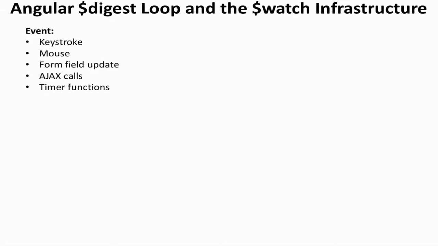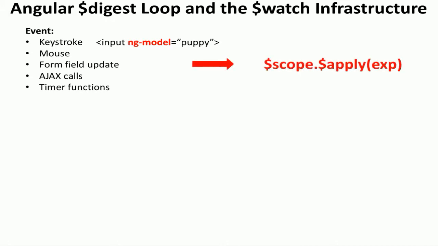Let's overview the complete watch infrastructure process. The watch process is dependent on events. Events activate the watch process. An HTML element that includes the ng-model directive will call the scope.apply method when the user enters a value into the UI text field.